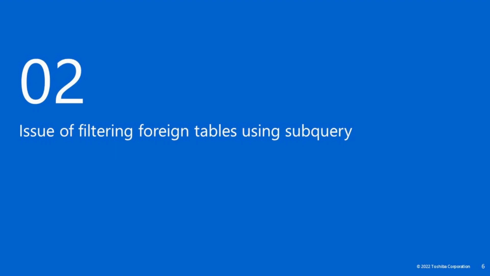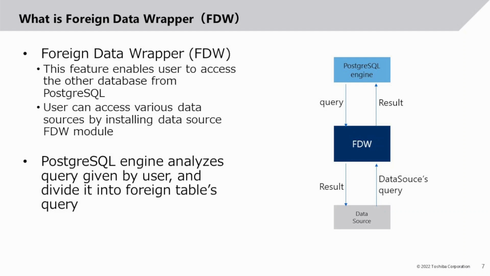Okay, next I will talk about the issue of filtering foreign tables using subquery and IN clause. Firstly, I will explain the feature of foreign data wrapper. It is FDW. Other data sources can be defined as foreign tables in Postgres and can be accessed by SQL in the same way as Postgres tables. FDW is implemented with an extension, which is installed in Postgres for each data source.